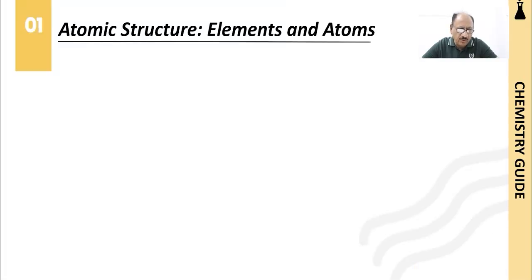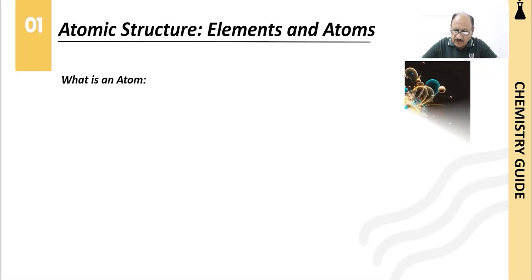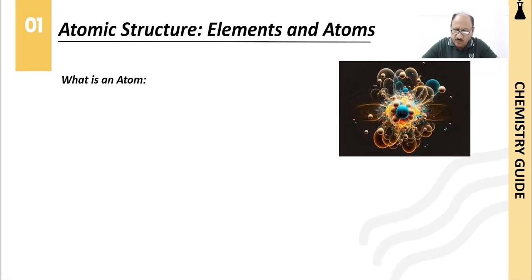So first of all, in atomic structure, elements and atoms, we will be discussing what is an atom. This is like the graphical concept you get about an atom. There is a central part, and there are some things which are revolving around that central part.